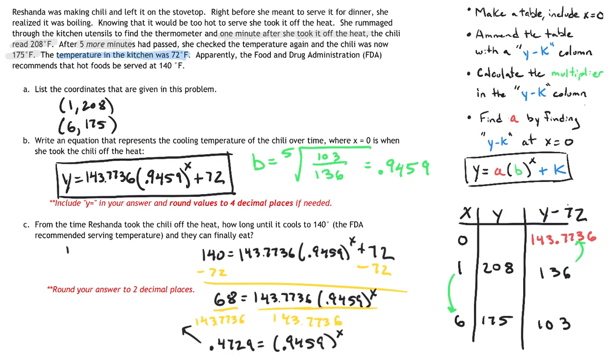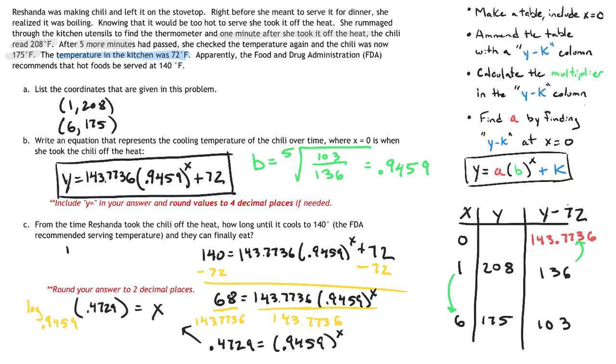The base of my exponential is this 0.9459, so you do the log base 0.9459 of 0.4729, and that gives you what x is equal to. That's going to cancel out your exponential. So this is the exact answer.